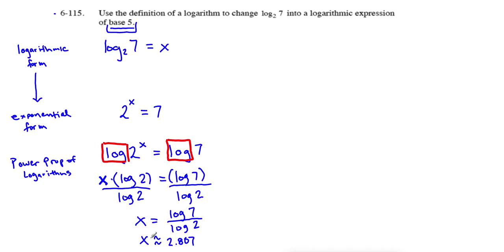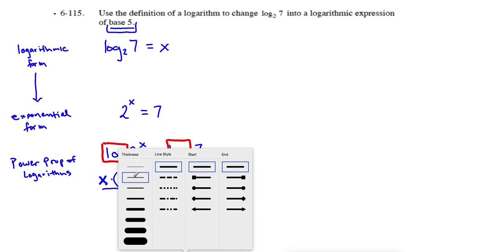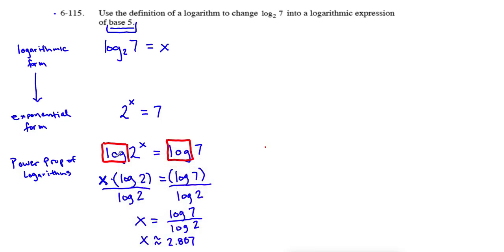Well, here now, instead of log base 10, let's do log base 5 of our 2 to the power of x. So I decided to do log base 5 instead of log base 10. If we do that here, what do we have to do to the other side of the equation? Well, we're going to have to do log base 5 of the other side, and that's going to be of 7.